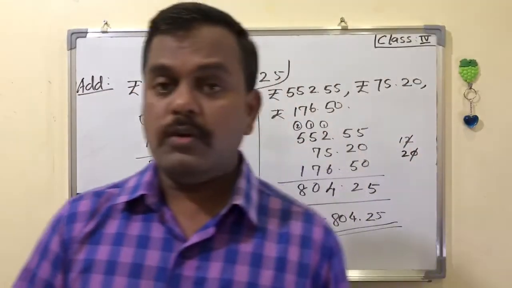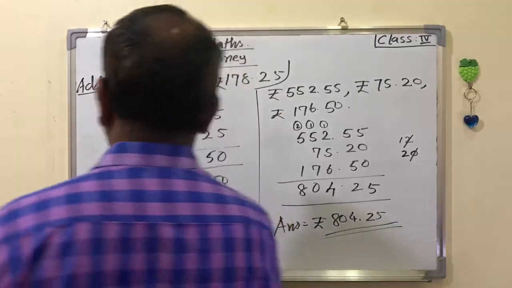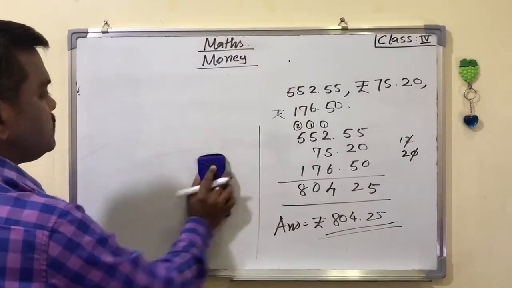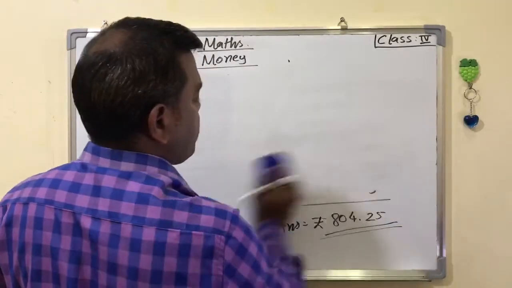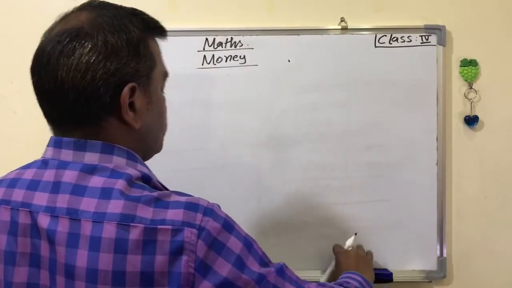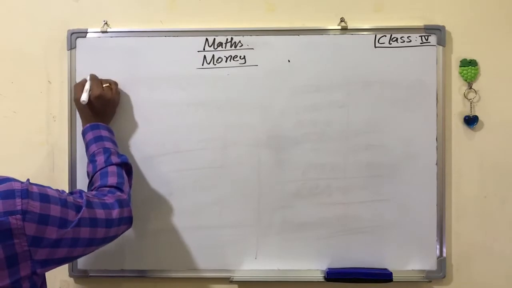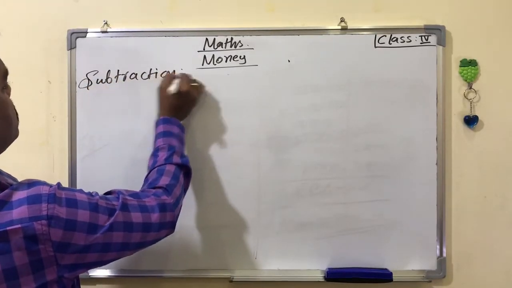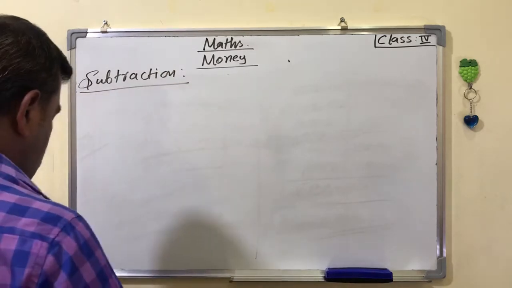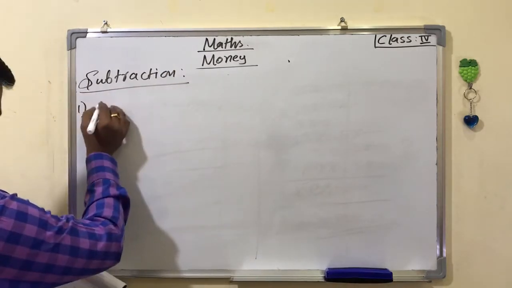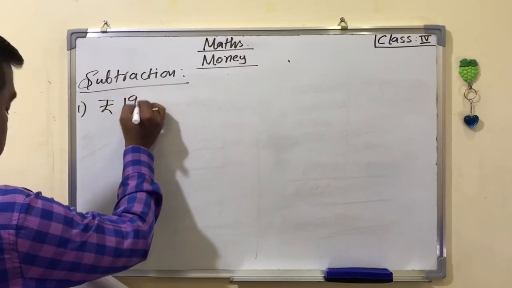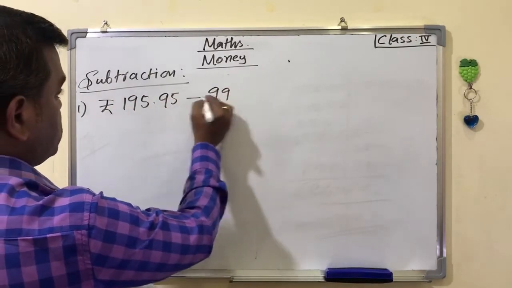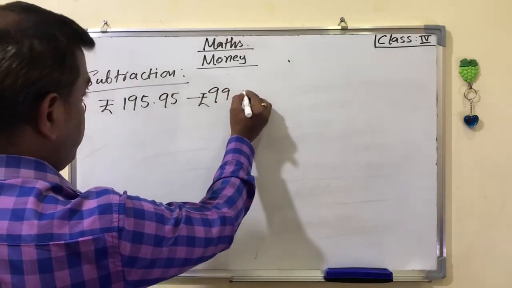Okay. Then two questions from subtraction. First, subtract 195.95 minus rupees 99.50.